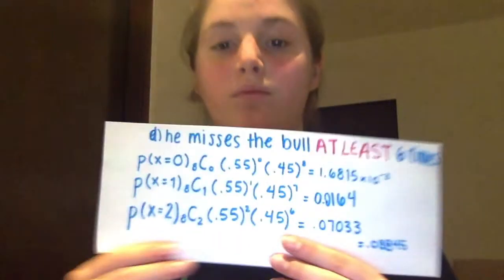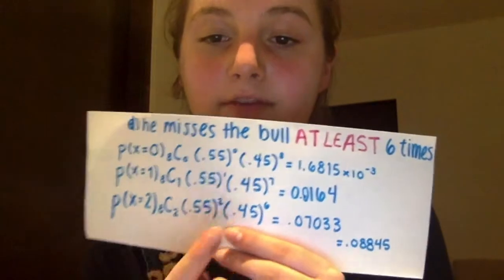For this example, using the distribution as we did here, with the 0.55 and the 0.45, will not be convenient because it is telling you that he will miss, not that he will score, and the probability of scoring is 0.55.